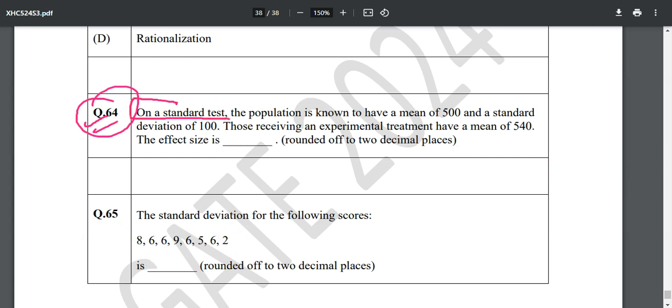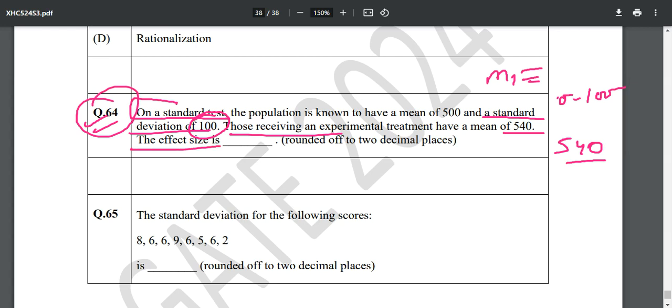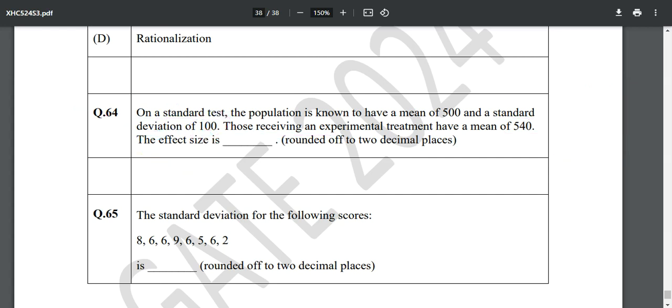On a standard test, the population is known to have a mean of 500, M1 we have as 500, and a standard deviation of 100. We have SD as 100. Those receiving an experimental treatment have a mean of 540, and the effect size is asked. So we have to calculate the effect size, and the formula is M1 minus M2 divided by standard deviation.